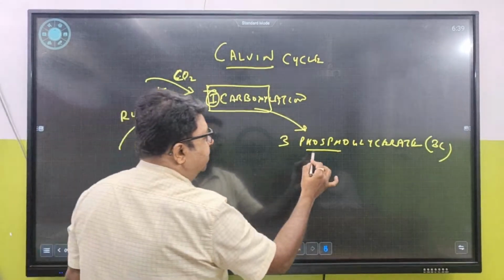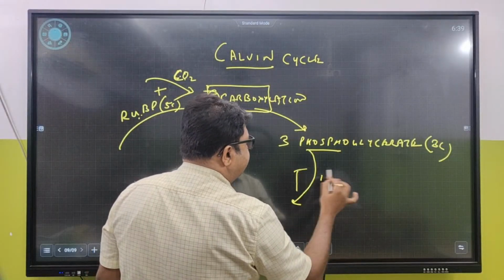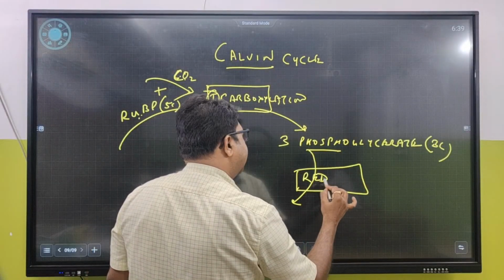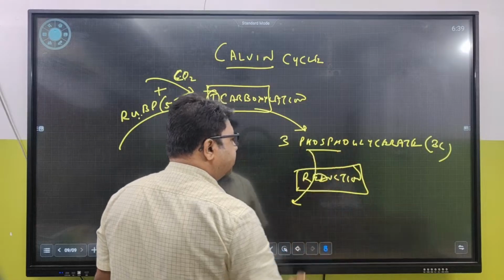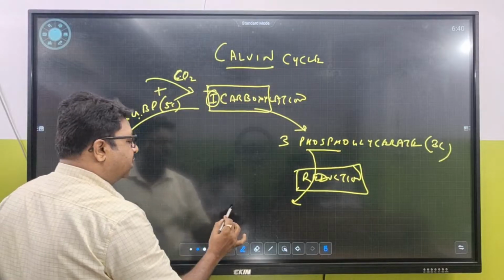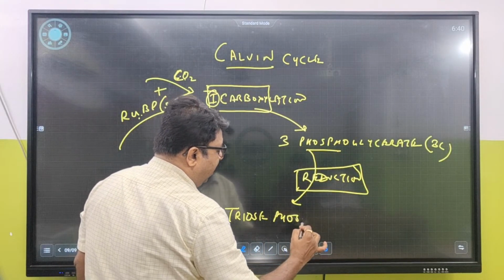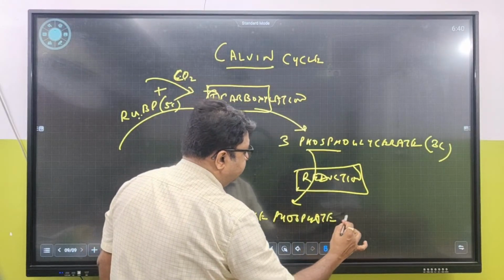From 3-phosphoglycerate they have shown reduction. What is the second step being given? Reduction. So what did you get? Triose phosphate. For us, what is the triose phosphate?